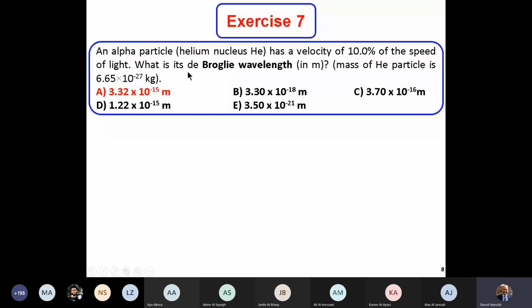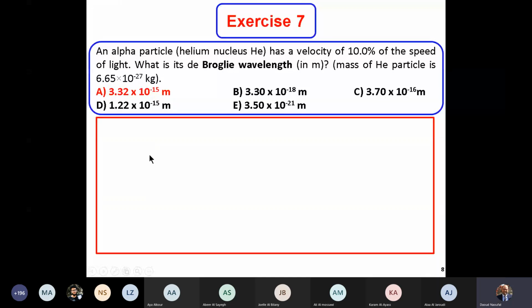What is its de Broglie wavelength in meters? And the mass of this particle is given as 6.65 times 10 to the power minus 27.